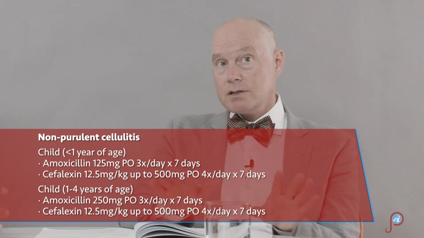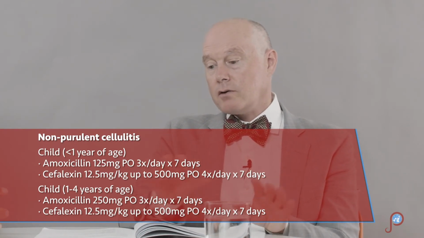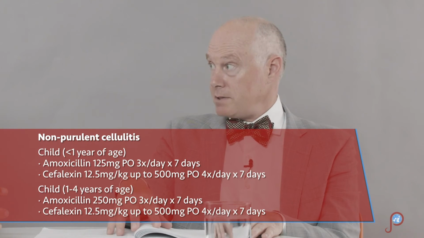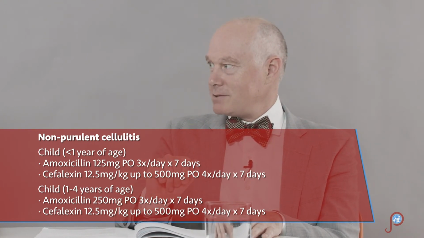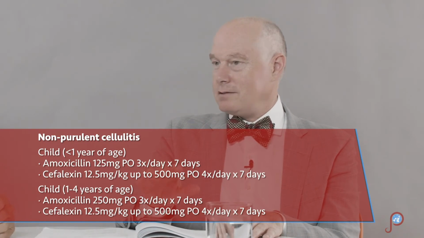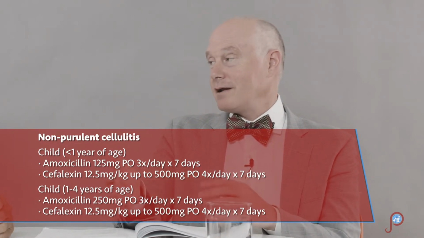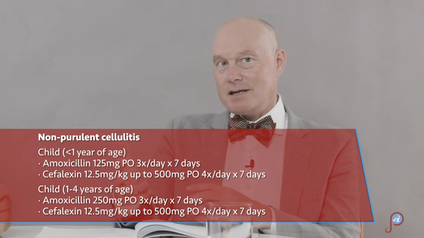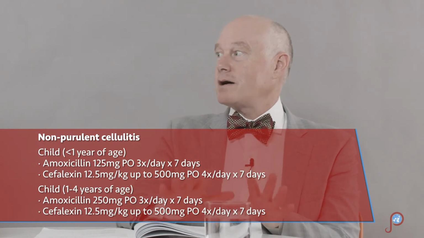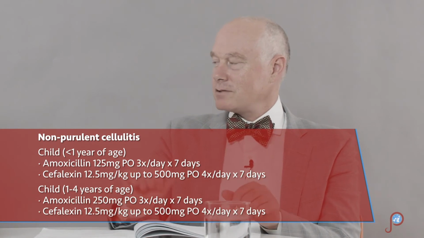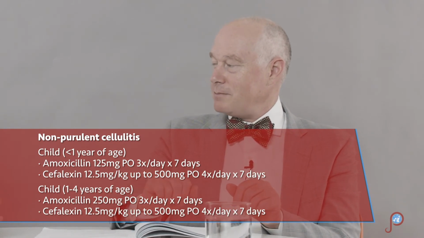And still to this day, streptococcus species do not produce beta-lactamases. You do not need the clavulanic acid, the beta-lactamase inhibitors, the sulbactam. You can just use pure amoxicillin.